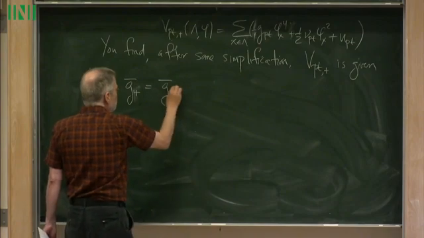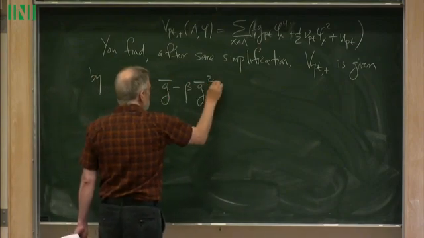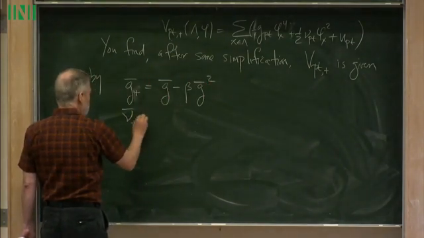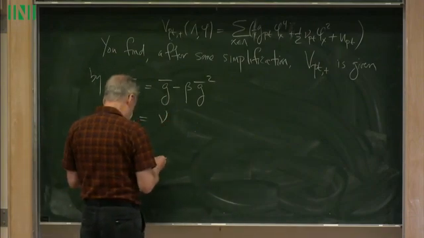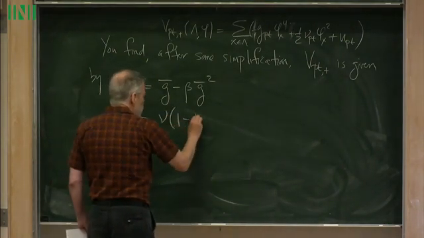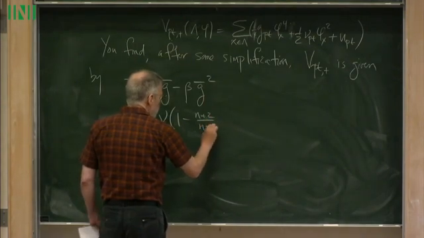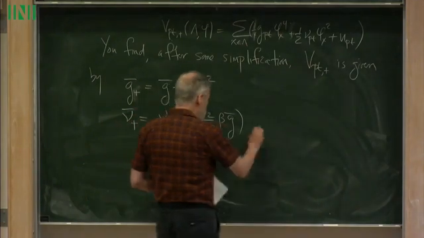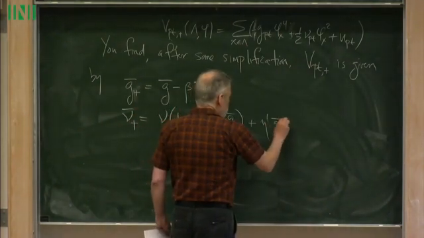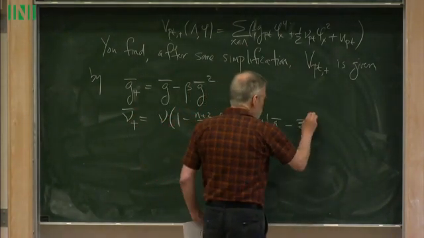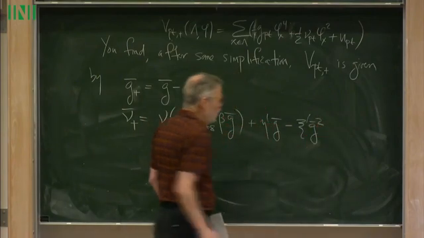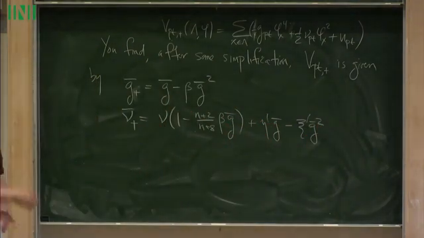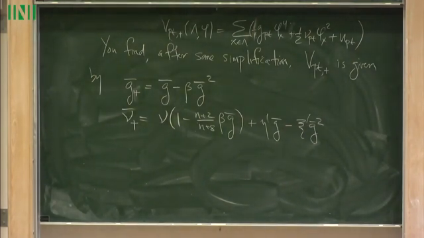And it has this form: one minus (n plus 2) over (n plus 8) beta g bar plus eta prime g bar minus c prime g bar squared. The primes are there because I'm going to have another version of eta and xi that are more important, and they won't have a prime on them in a moment. So what are these things?